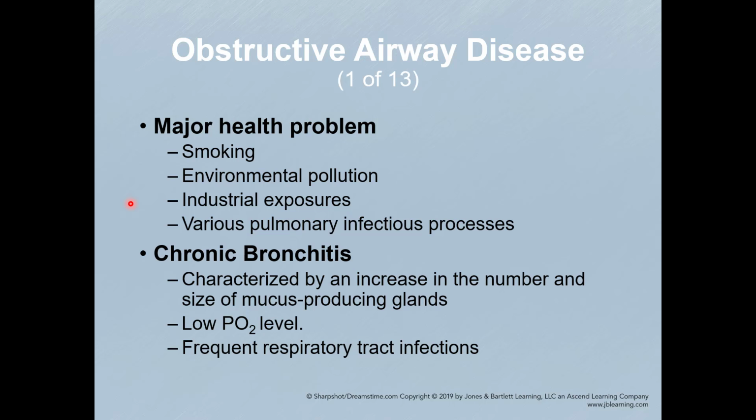The hypoventilation leads to hypercapnia, meaning they have higher than normal levels of CO2, and hypoxemia, lower than normal levels of oxygen. And they have an increased PCO2 level. So when you put these patients on those end-tidal nasal cannulas, you're going to see higher numbers of CO2.